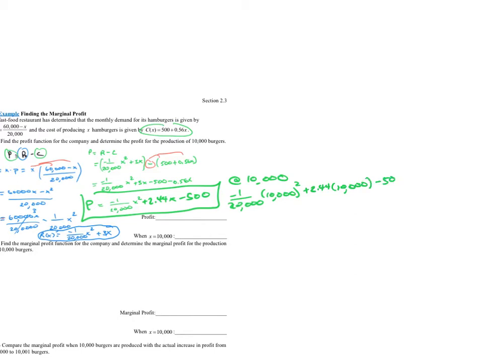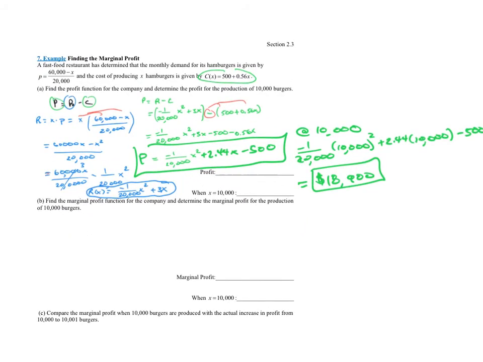Of course, I could have used the table feature on this as well if I wanted, by the way. Plugging that into your calculator, let's see what the actual profit is. I'm getting a profit of $18,900. So if this company sells 10,000 hamburgers, it will make a profit of $18,900.